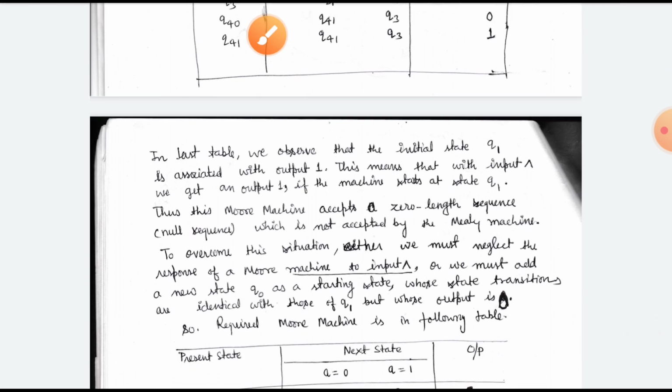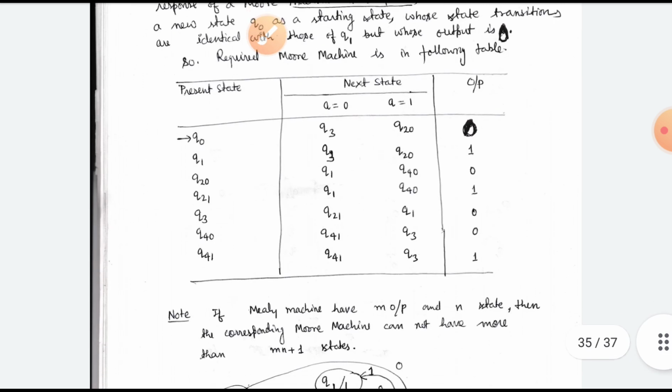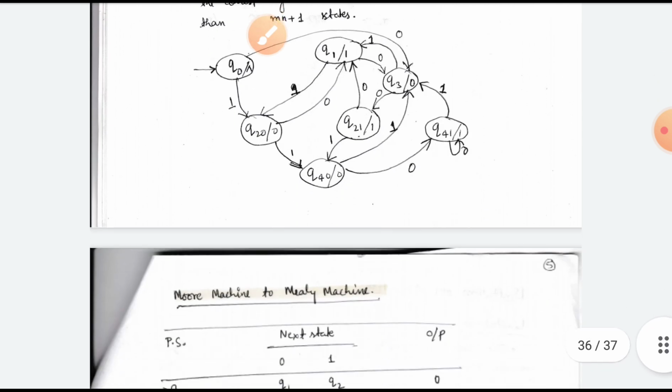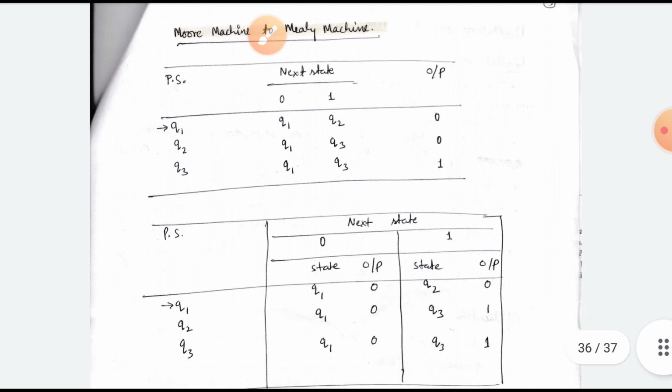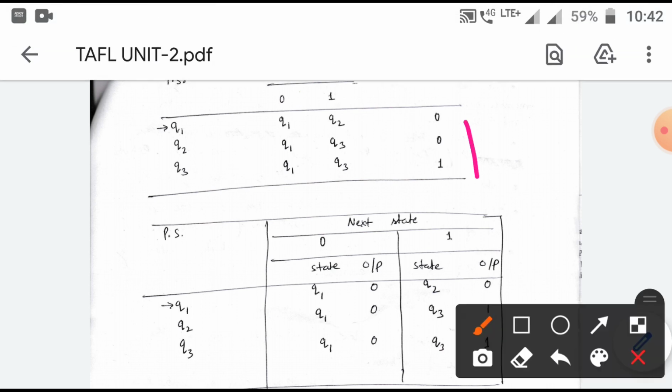Now, when we have to convert a Moore machine into a Mealy machine, what do we have to do? Here there is one row only, so it will be converted into a two-row structure. If we remember the previous process, we can here actually reverse the order of the processing.